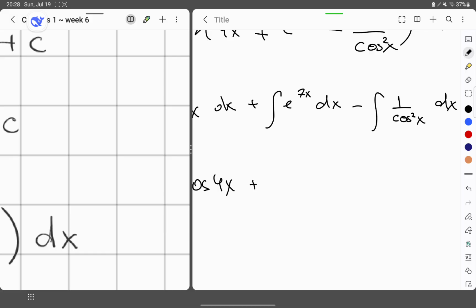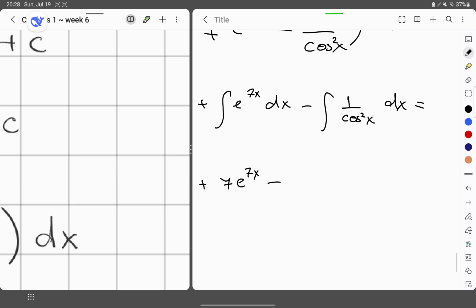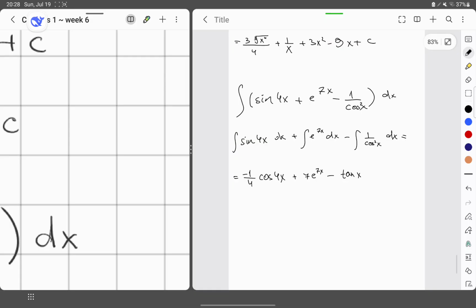Plus e to the power of 7x. I don't know how it can be, e to the power of x is e to the power of x, but what about 7 times x? I think it will remain the same, or what? 7 e to the power of 7x, I guess, minus 1 over cosine squared, and the integral of this one will be tangent x. I don't know that exactly.